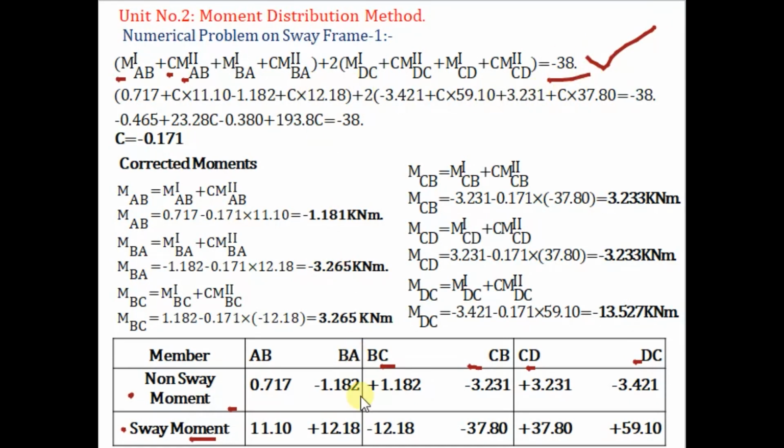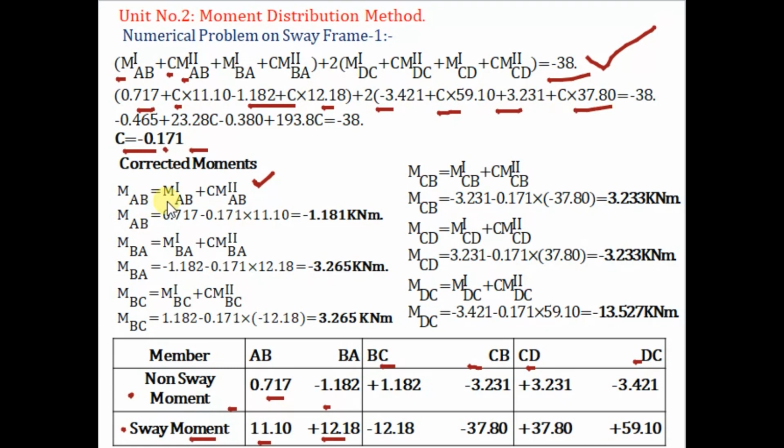Now put this value here to get the value of C. So MAB first is 0.717 and MAB second is 11.10 into C. Now MBA first is minus 1.182 and MBA second is 12.18 into C. So likewise putting the value of all moments here in the equation, finally we have the value of C. So C is equal to minus 0.171.